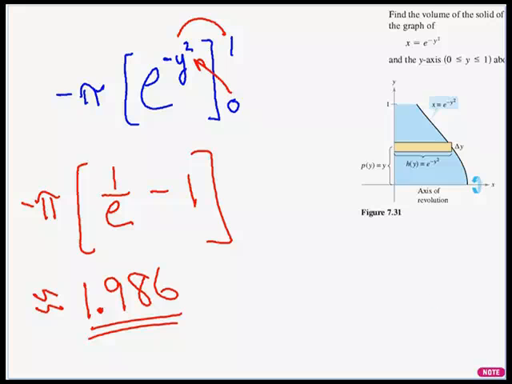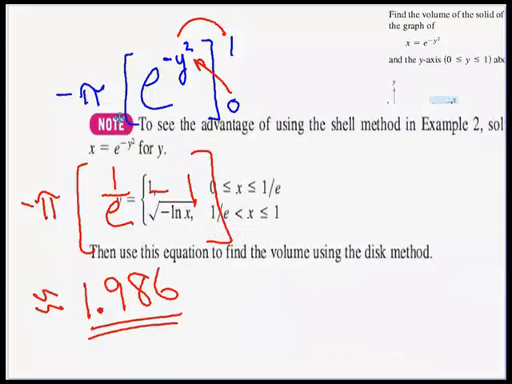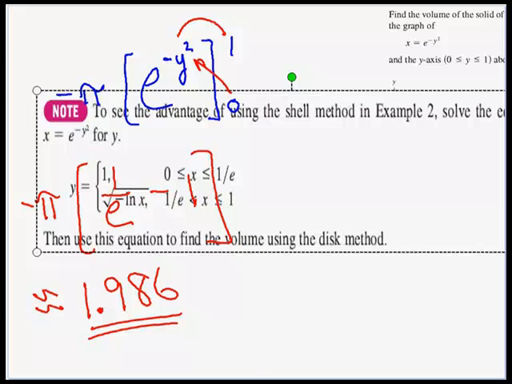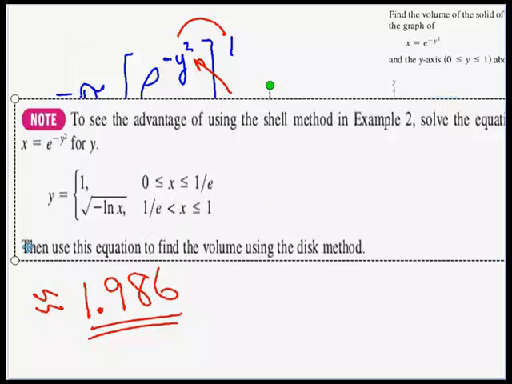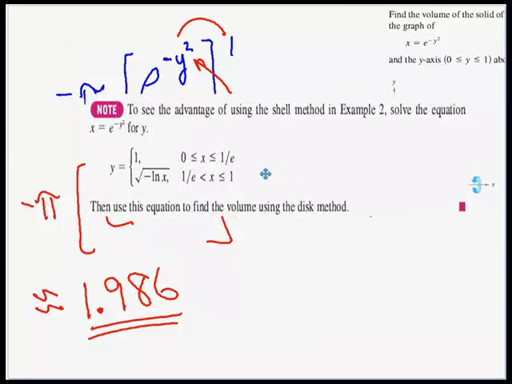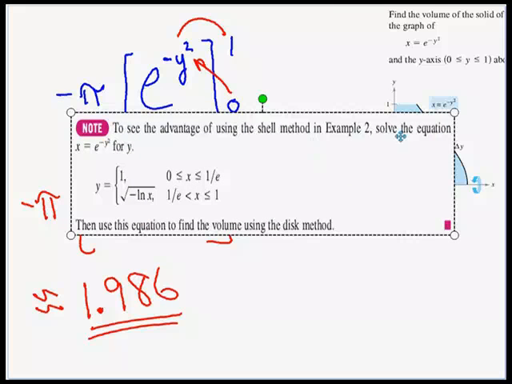And we got a note down here. Let's see what the note is. So to see the advantage of using the shell method in this example, solve the equation x equals e to the negative y squared for y.